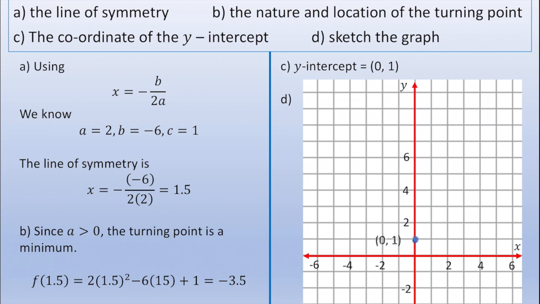Then you can draw the y-intercept. Plot the y-intercept (0, 1). You know that there are 2 points here. You also know that this is a U shape because the turning point is a minimum.